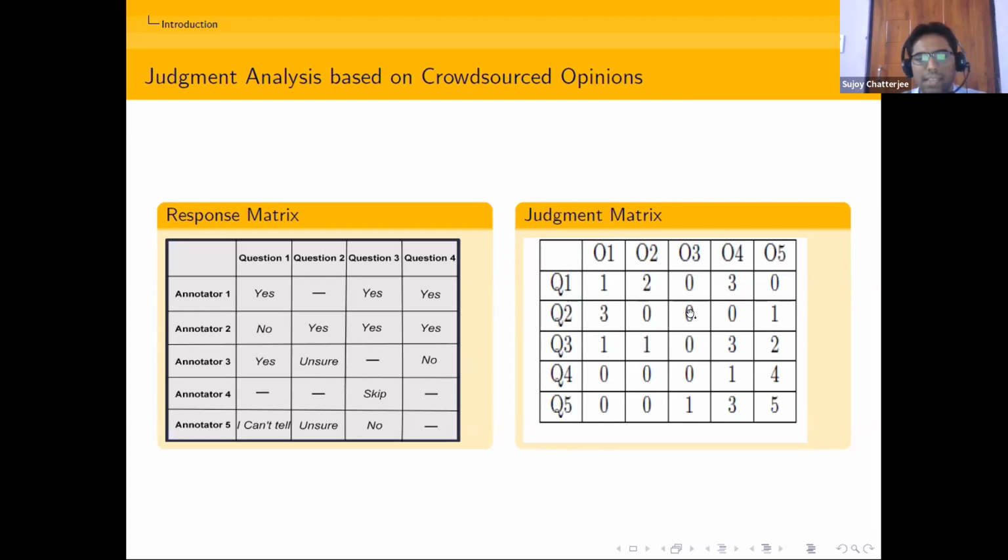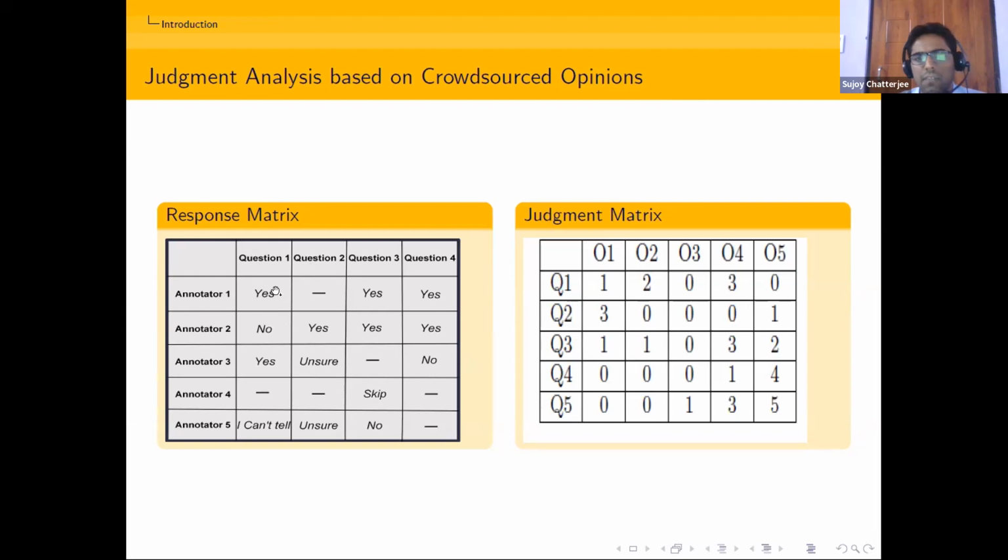I am giving an example that in this response matrix, if I do some kind of majority voting, that creates a problem for the aggregation, because in a social network or crowdsourced market, people cannot be reliable. Someone without knowing the answer can give a wrong answer. So that's why majority voting does not work well.